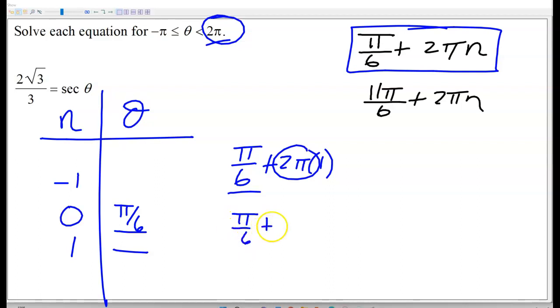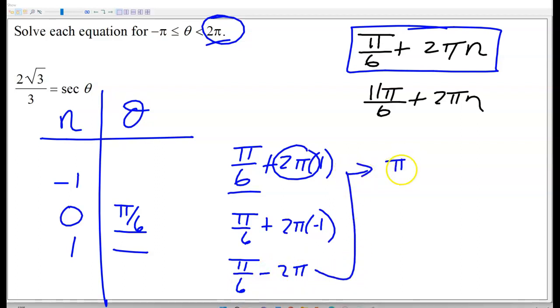So pi over 6 plus 2 pi times negative 1. So in that case, I have pi over 6 minus 2 pi. Now I need to get a common denominator here for that. So if I multiply the top and the bottom by 6, I would get 12 pi over 6.